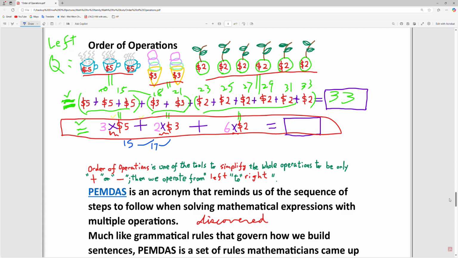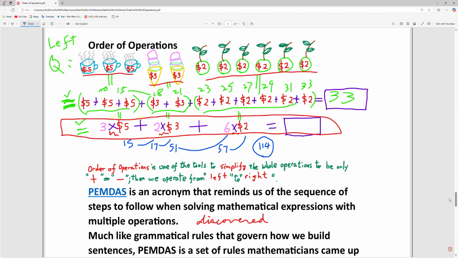Times 3, 17 times 3 is 51, then plus 6, 57. 57 times 2 is 114. A different answer, right? It's not correct. So you should follow order of operations.